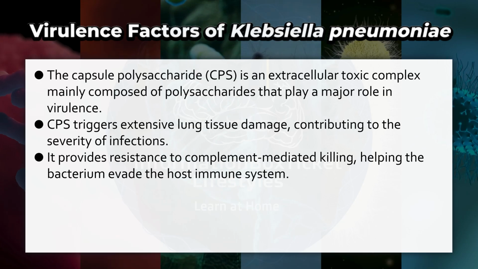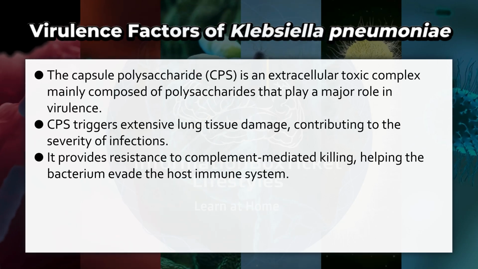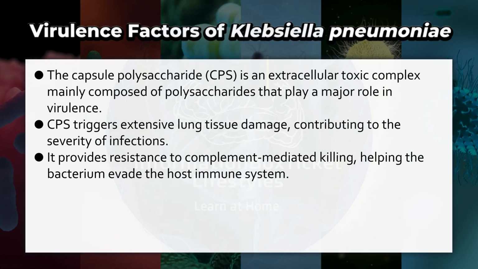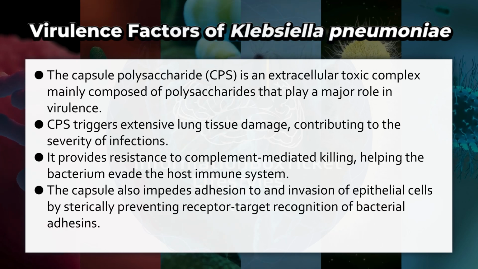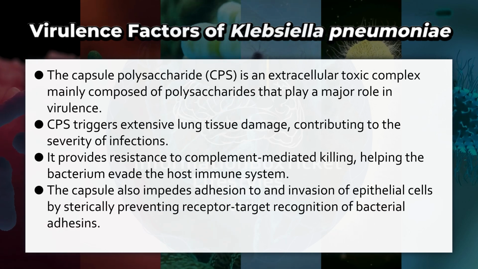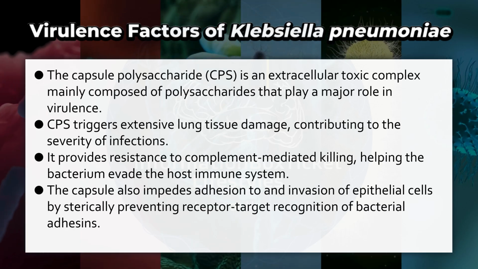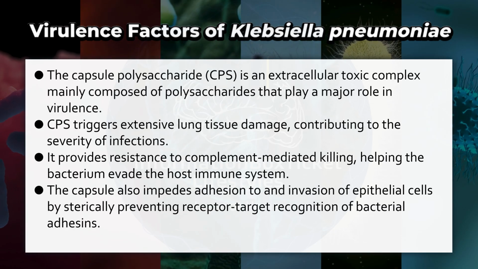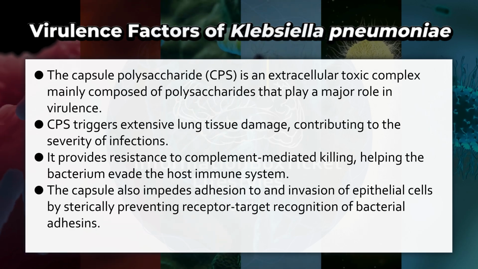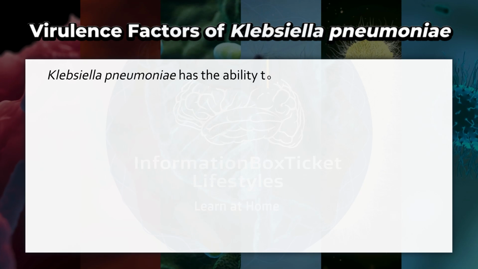It provides resistance to complement-mediated killing, helping the bacterium evade the host immune system. The capsule also impedes adhesion to and invasion of epithelial cells by sterically preventing receptor target recognition of bacterial adhesins.